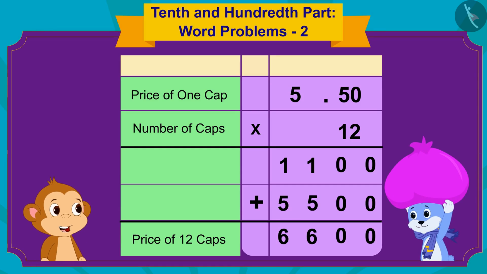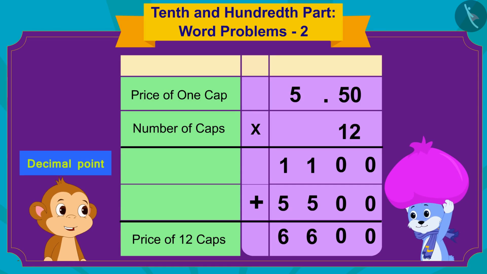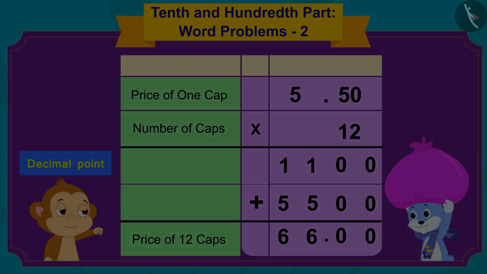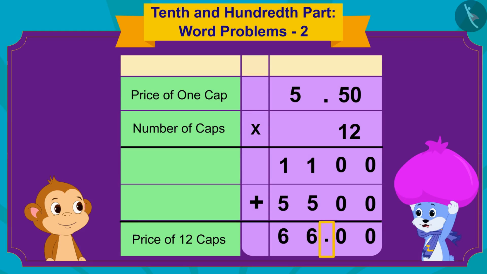"Absolutely right. So, we will write the decimal point in the answer in such a way so that there are only 2 digits after the decimal point. And then we will get our answer." "Now I get it.